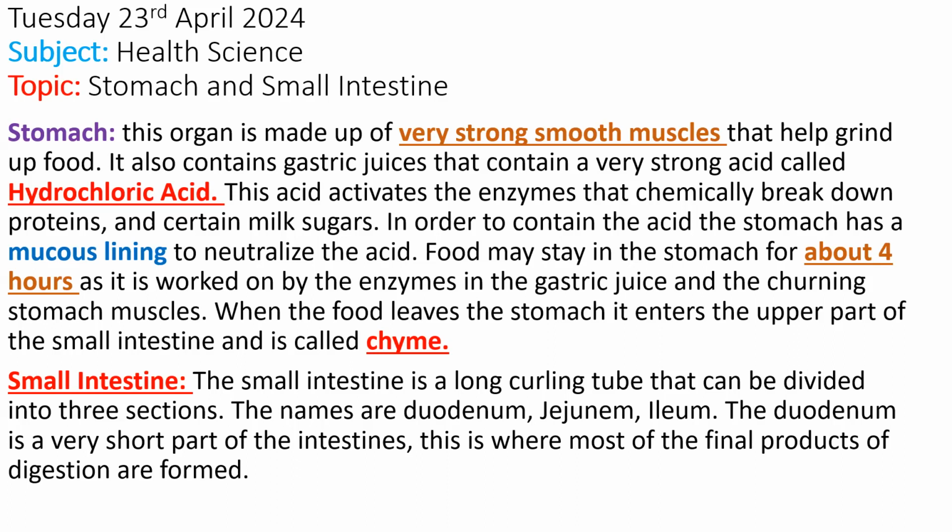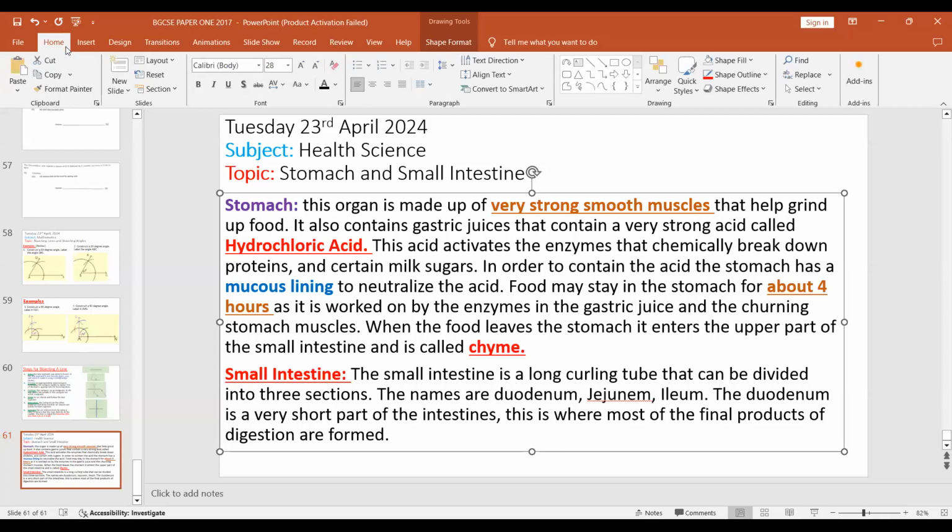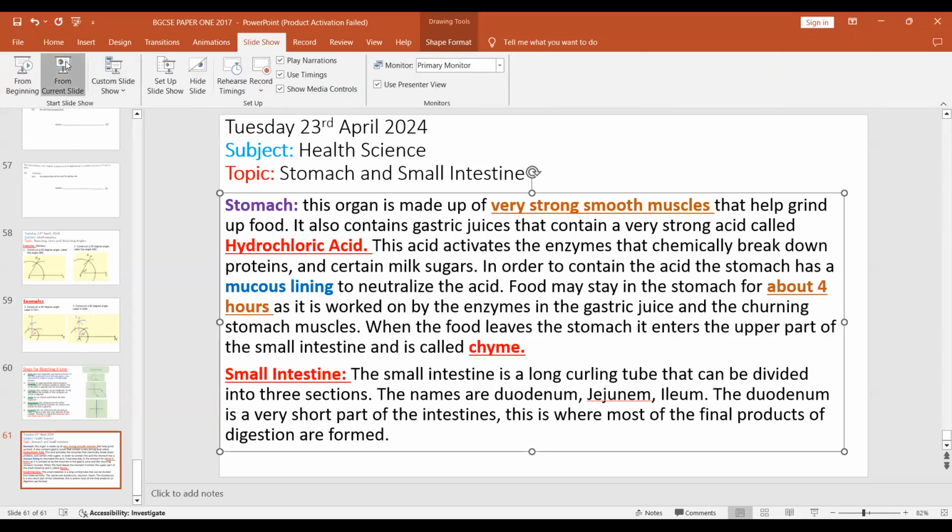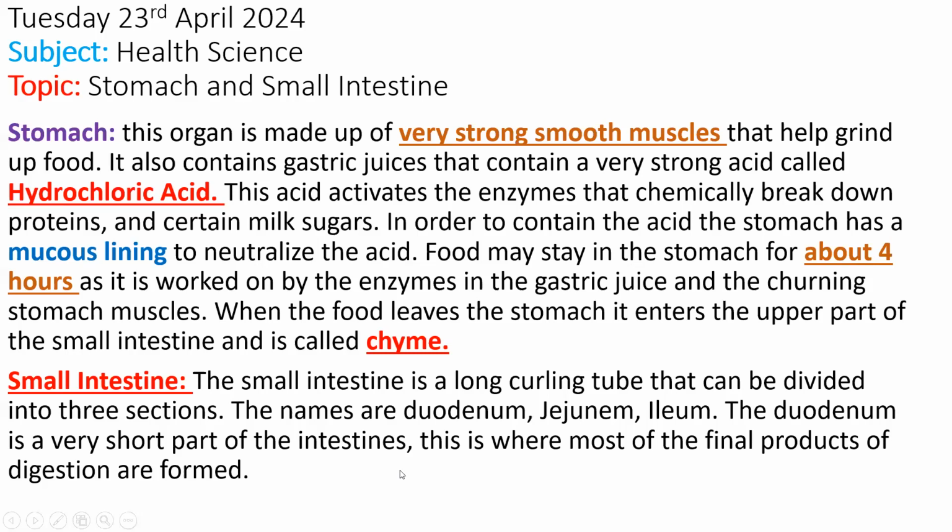All right, let's go ahead and go on to general science. I'm going to take a picture of this and put it inside the chat. Where's Ajani? I need your notes for health science.